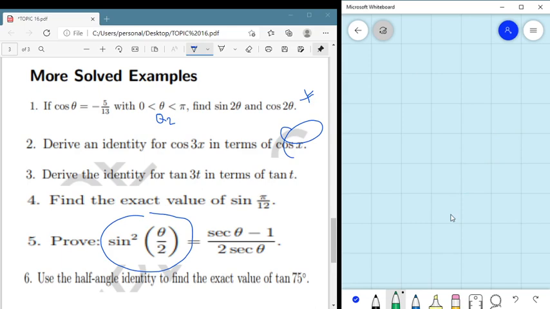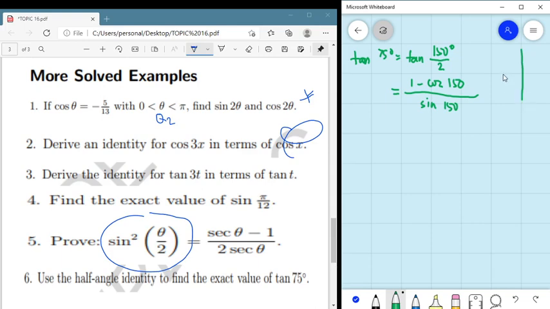Use the half angle identity to find the exact value of tangent 75. So, tangent 75 degrees is similar to tangent of 150 over 2, 150 degrees, which means tangent of theta over 2 is similar to 1 minus cosine of theta over sine theta, so 1 minus cosine 150 all over sine 150.